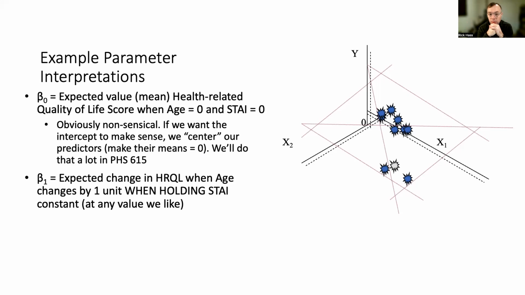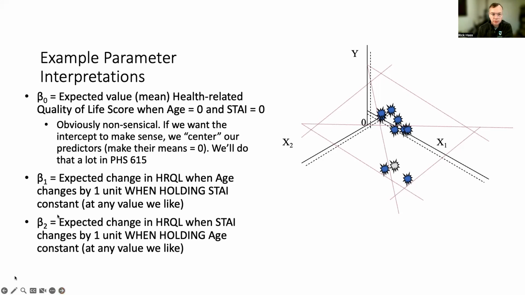That say, for people with low anxiety, age relates to health-related quality of life, but for people with high anxiety, it doesn't. That's certainly something that can happen. And in order to test for that, we have to fit a model with interactions, which we'll learn about next week. So this is just to say what each regression coefficient represents. Beta 2, X2, right? This is now the relationship between anxiety and health-related quality of life holding age constant.